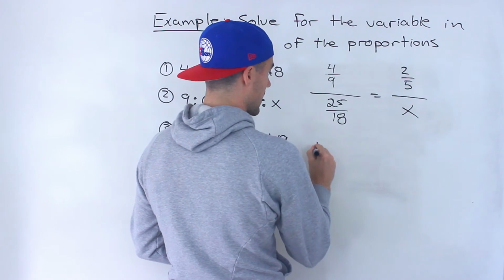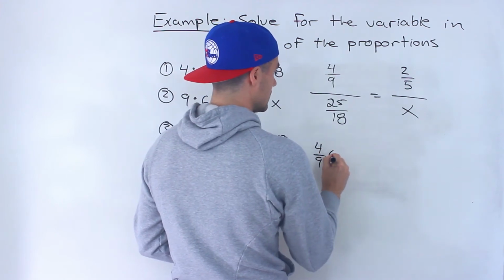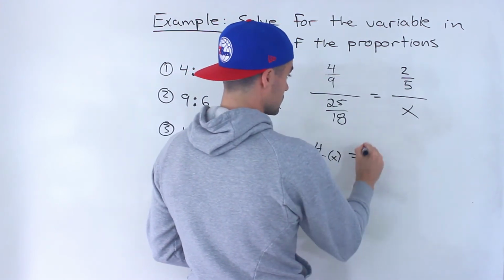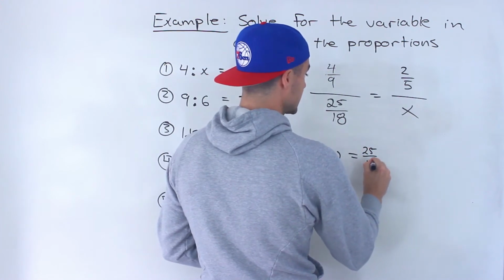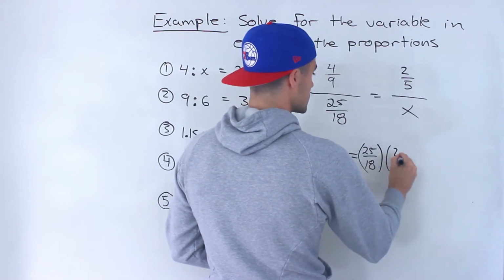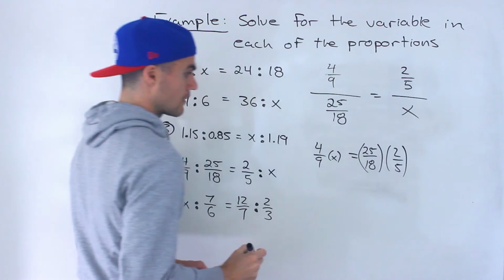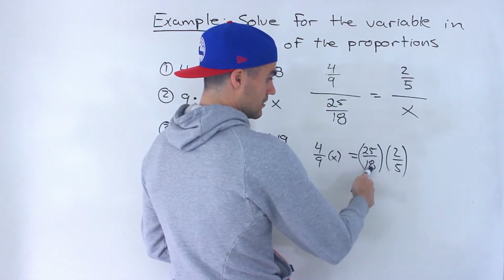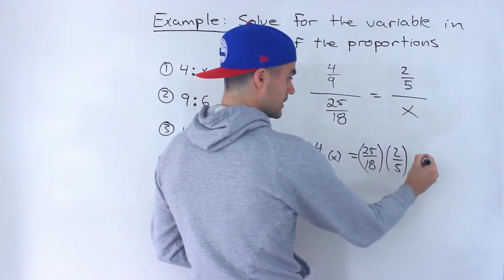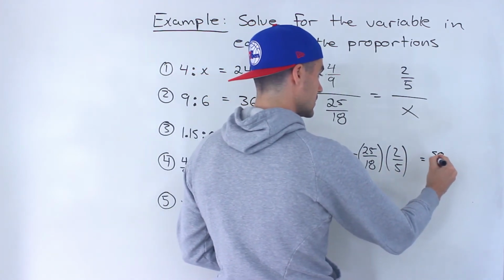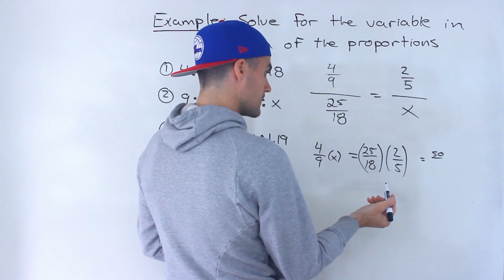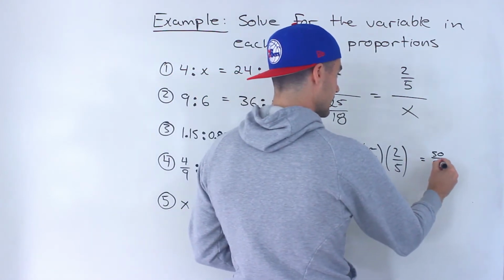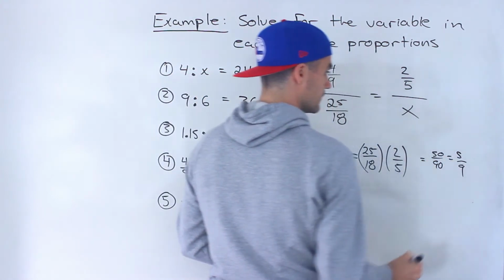So we'd have 4 over 9 times x is equal to 25 over 18 times 2 over 5, like that. Now notice that this here, we can simplify this. This would end up being 50 over 90, and that simplifies to 5 over 9.